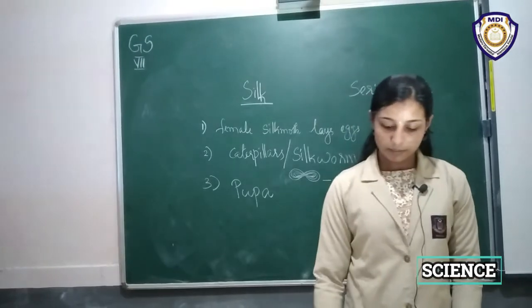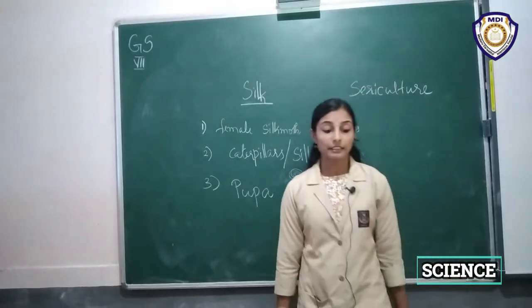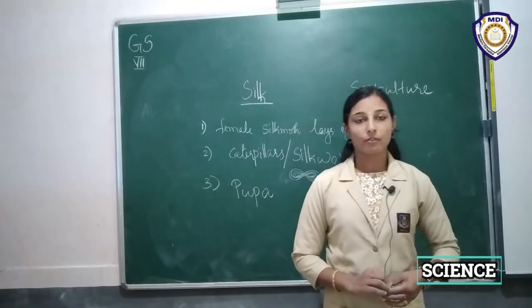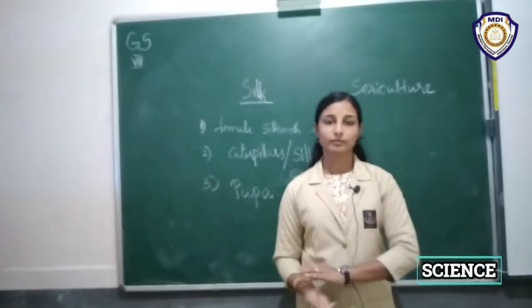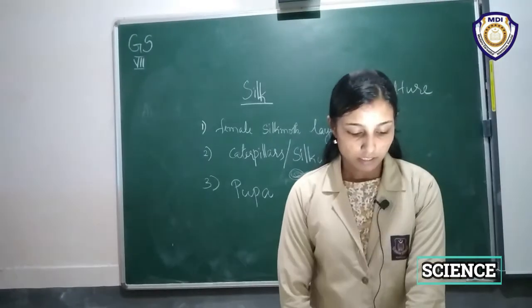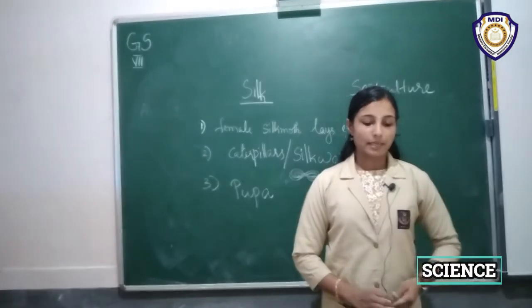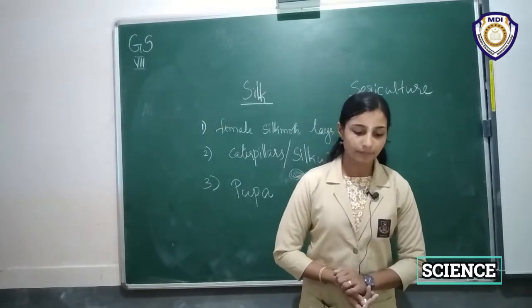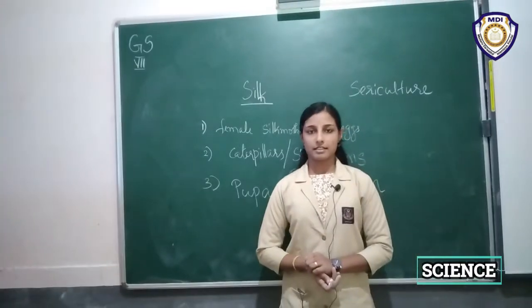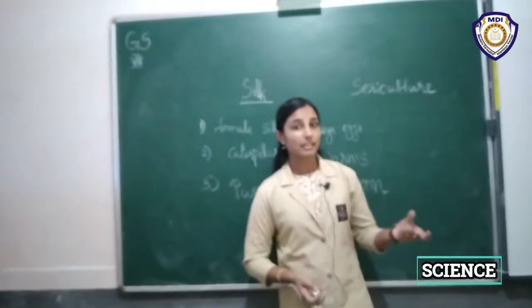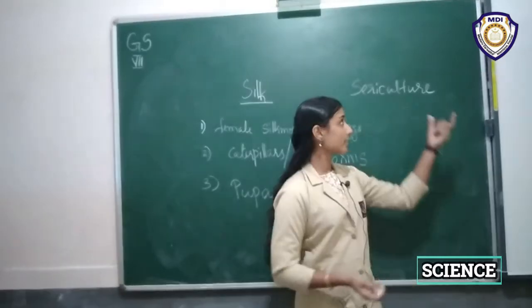Now we can see the processing of cocoon into silk. For obtaining silk, moths are reared and their cocoons are collected to get silk threads. So the first thing is the rearing of silk moths, that is sericulture.